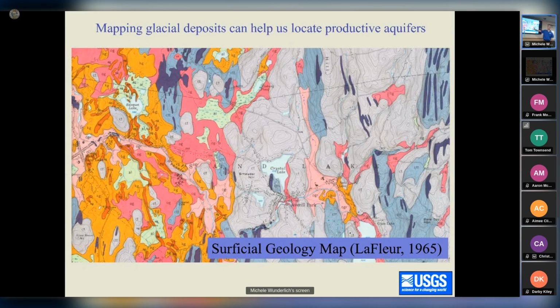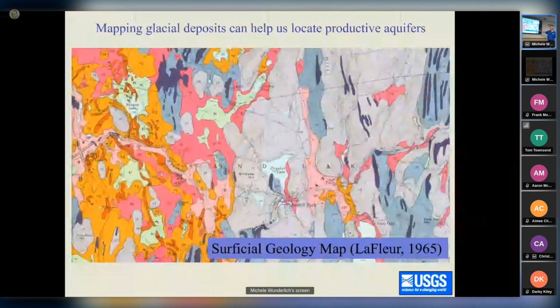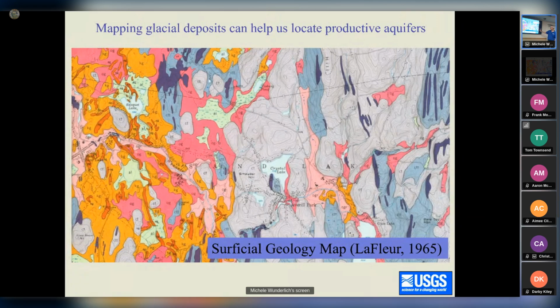That's an unsorted mixture of all sorts of different rock sizes, particle sizes. Where you have the pink and the orangish and darker yellow and darker orange, that's more permeable deposits. So that's basically what I did in the Owasco watershed.